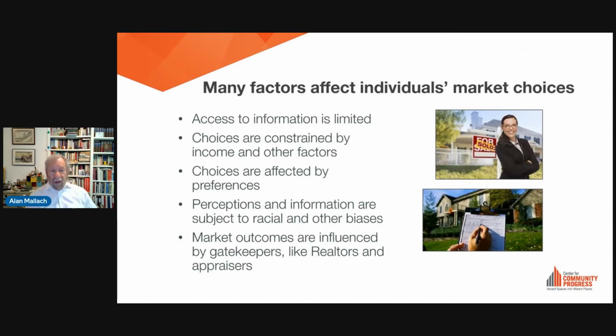Trenton's dangerous. Trenton's this or that. And so you're going to be affected by their biases. And of course, people have their own biases, which we'll get to in a little while. And then finally, the realtor you retain to help you in your search, the appraiser who looks at the properties, these are other people who are basically known as gatekeepers in this process, are going to influence your choices.